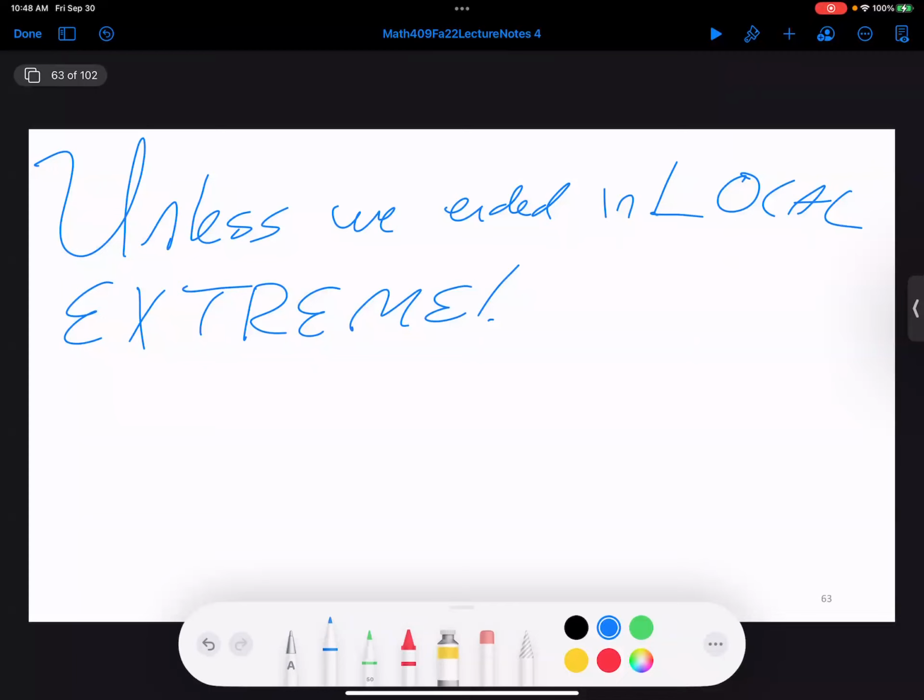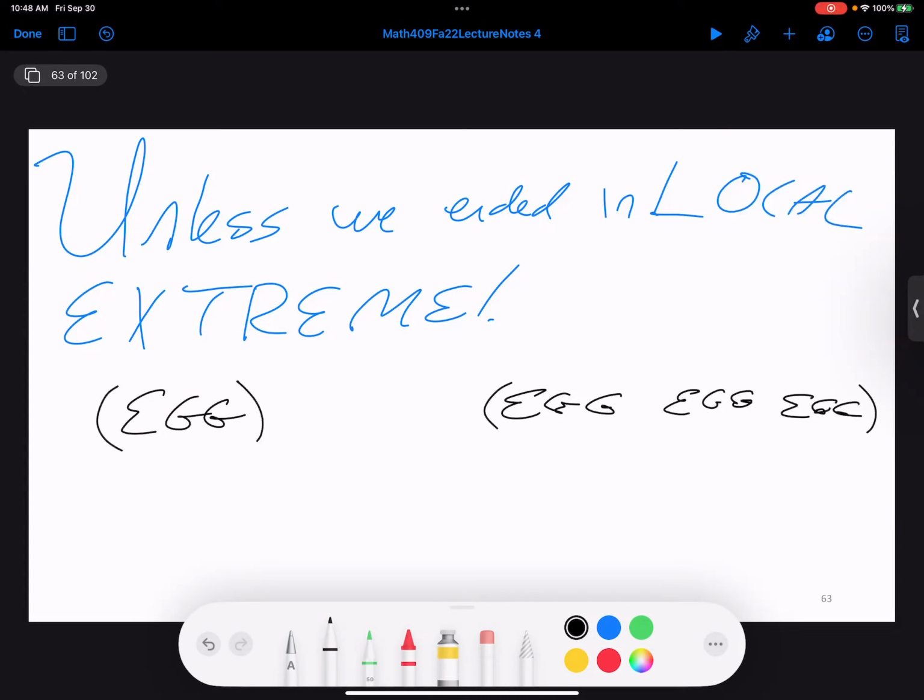How else could we have done it? What we were doing is we were viewing it as egg, and then egg, egg, egg. We viewed it like that. We had 2 sets. One set was 1 egg, and then as soon as that breaks, we then have 3 eggs. How else could we have viewed it?